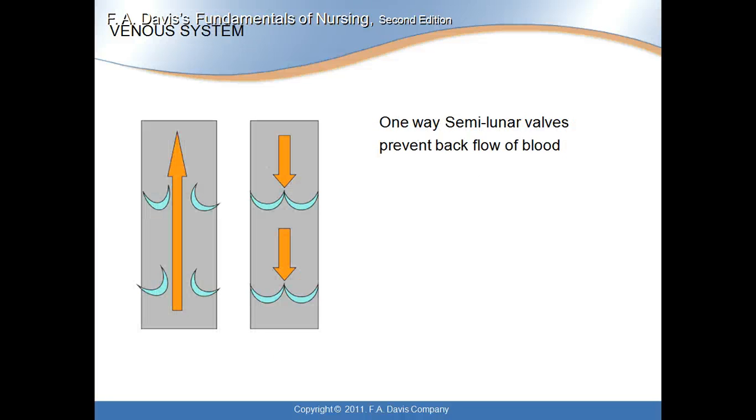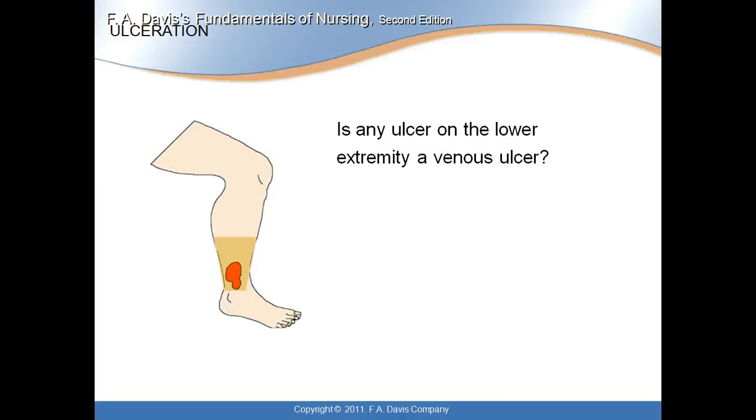Again, here's the one-way semi-lunar valve, so every vein has a valve so blood doesn't backflow. And if they're not working correctly, blood does back up and it pools, and that's what causes the ulcers. Let's see here. Is any ulcer on the lower extremity a venous ulcer?